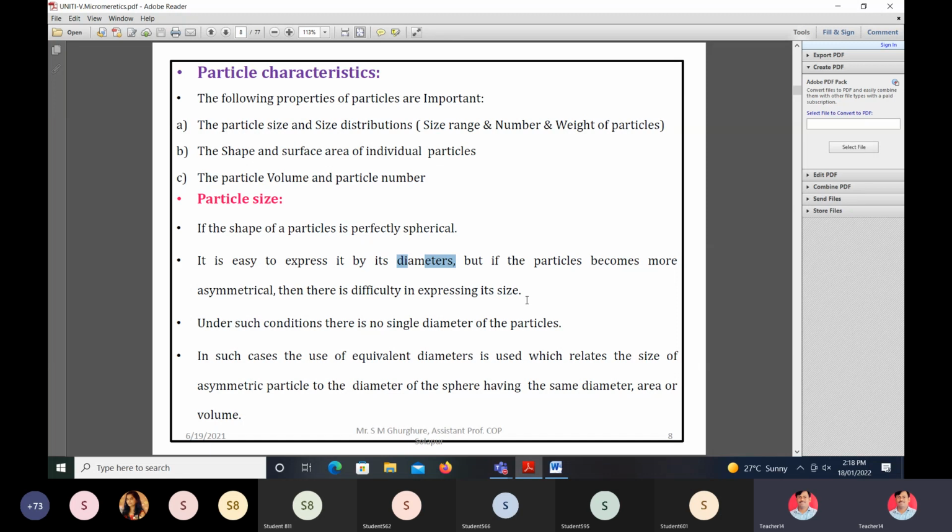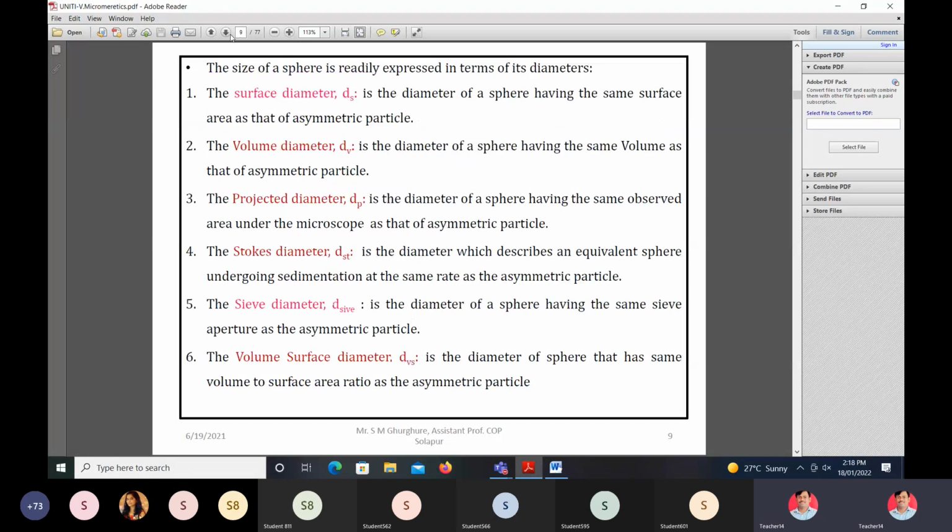In such conditions, we measure different types of diameters related to its surface area and volume. Therefore, we measure all these six types of diameters: surface diameter, volume diameter, projected diameter, Stokes diameter, sieve diameter, and volume surface diameter.